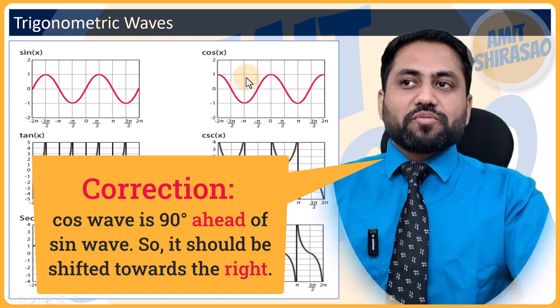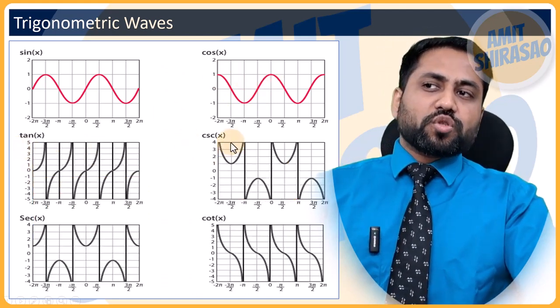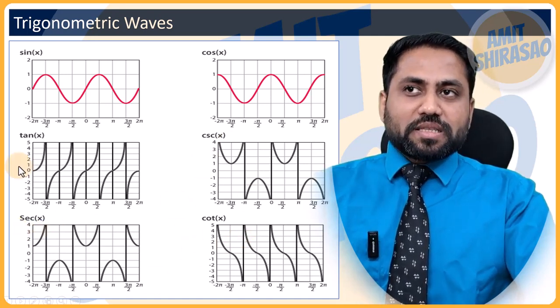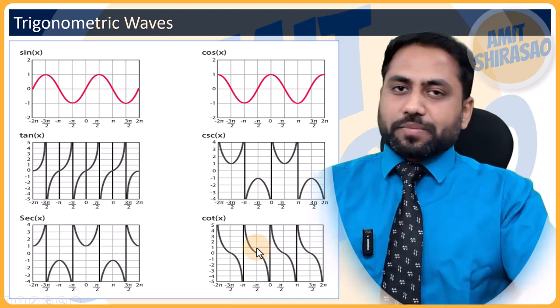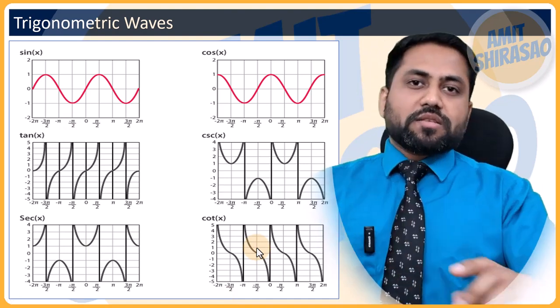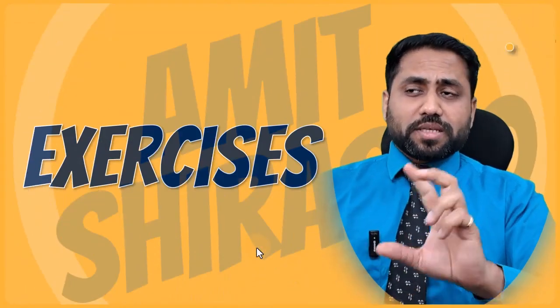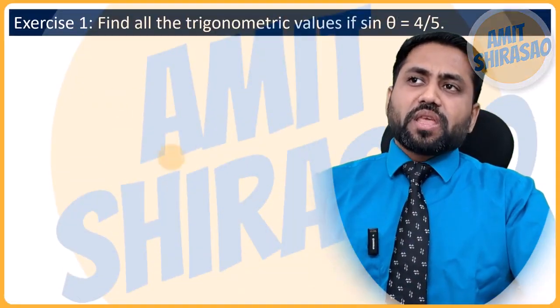That is cos wave. Similarly, you have tan wave, cosec wave, sec wave, and cot wave. Got the idea? So basically this will be the real world application. Other than this also, there are a few real world applications which you will see in the exercises. So let us try to use our knowledge now.